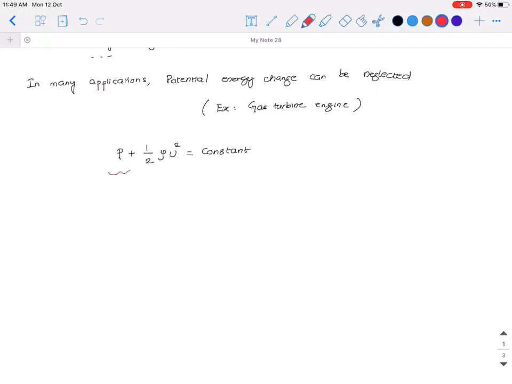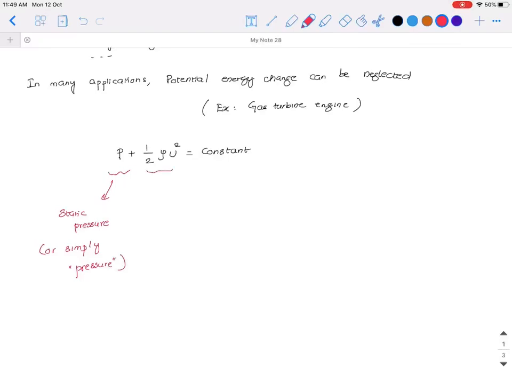The first one is what we call static pressure, which is the equivalent of the actual thermodynamic pressure. So when we say pressure in a fluid flow, we always refer to static pressure, or simply pressure.